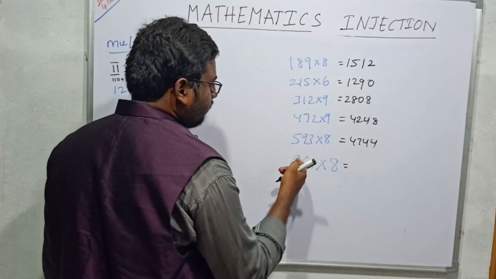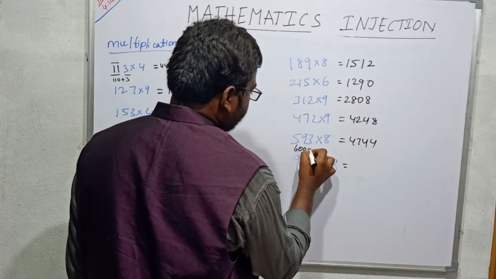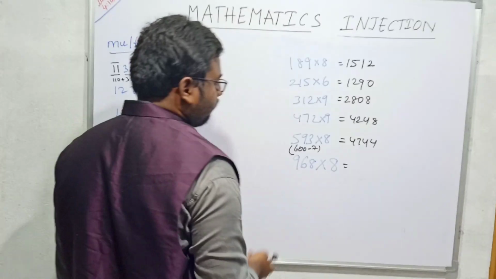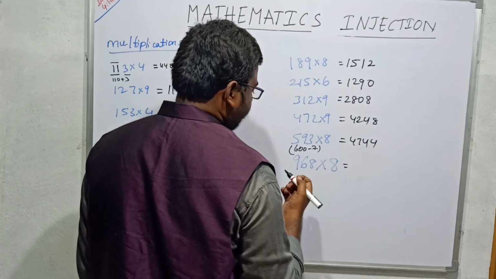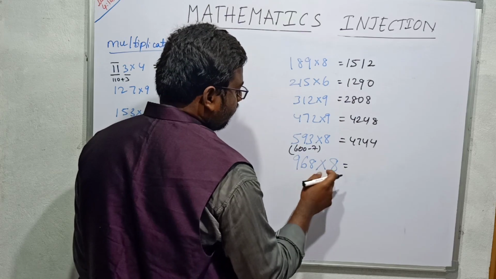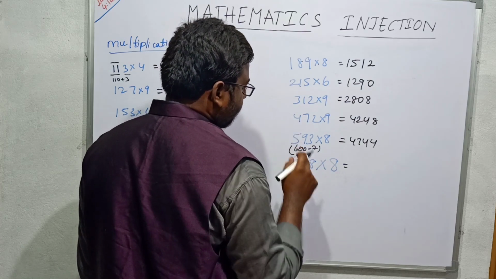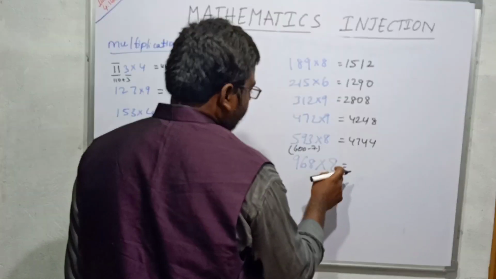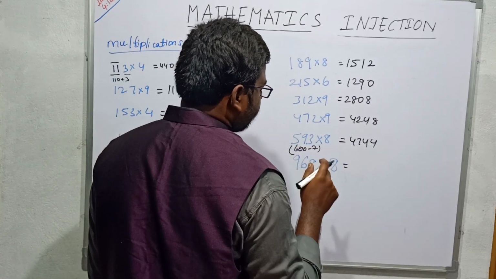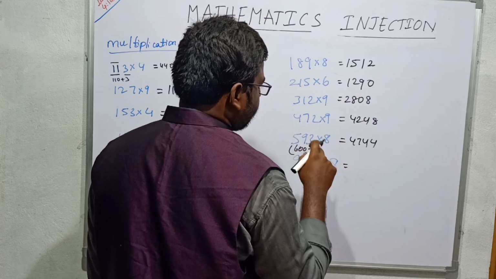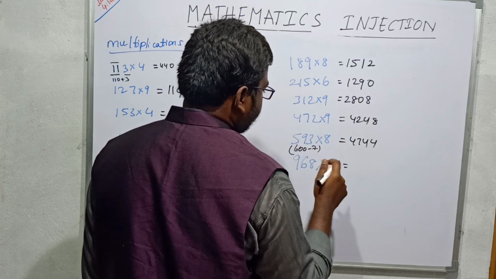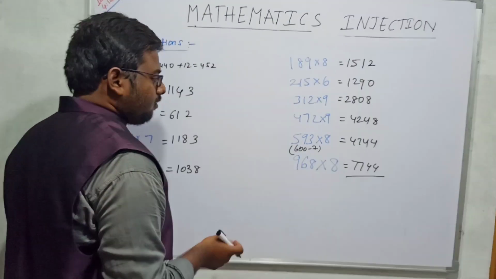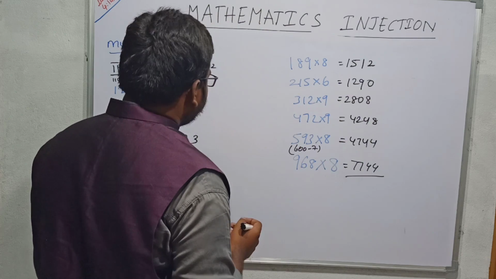So you can calculate like this also. 600 minus 7. 4800 minus 56. 100 minus 56 is 44, so 4744. 4744. 8 9s are 72. 8 6s are 48. 72 plus 4 is 76, 768. 8 8s are 64. 768 plus 64. 68 plus 6 is 74. 774 beside 4. So you can calculate this without touching the pen.